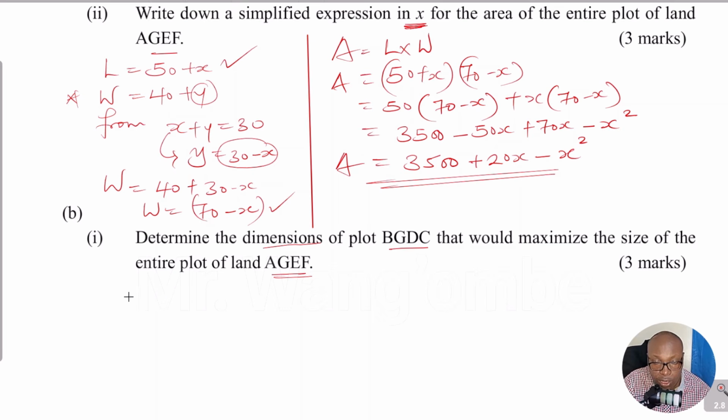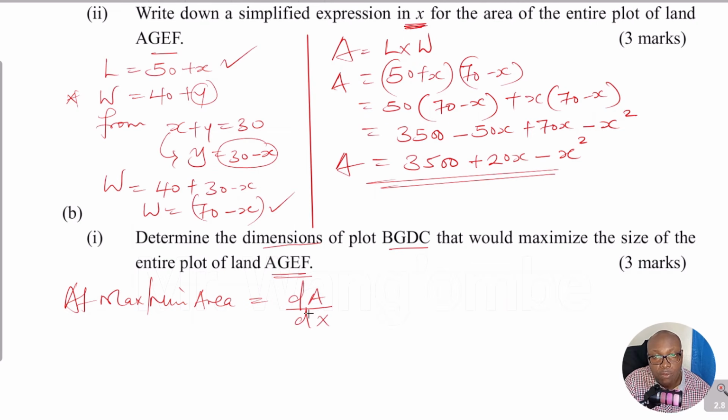This is the concept you are supposed to know: at maximum or minimum area, dA over dx is 0.